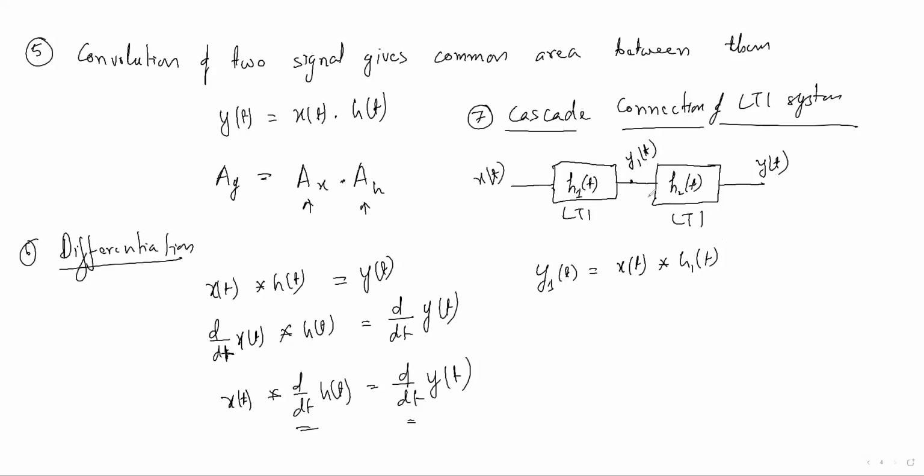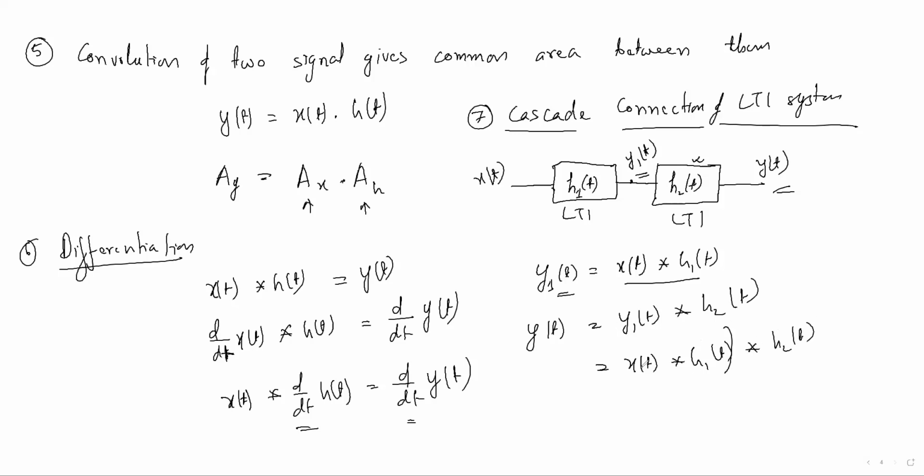When this y1 is fed as input to h2, what will be y(t)? This y1 acts as the input to the second system, so it is convolved with h2(t). Now we can put y1(t), which is x(t) convolve h1(t), into the bracket convolved with h2(t).